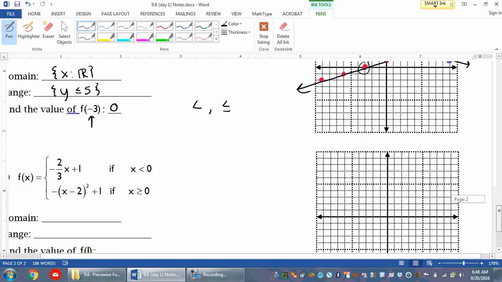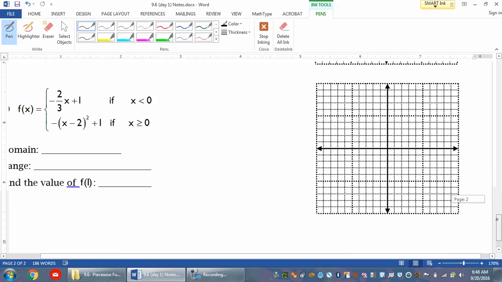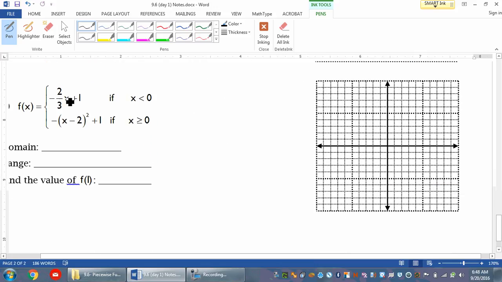All right, let's do the last question. Here, I have -2/3, which is a falling line. My slope is going to be -2/3. My y-intercept is 0. Here, look at quadratic, it's going to be an upside down quadratic, which is a reflection, right? Where am I going to draw that?